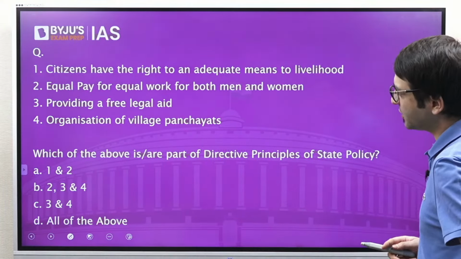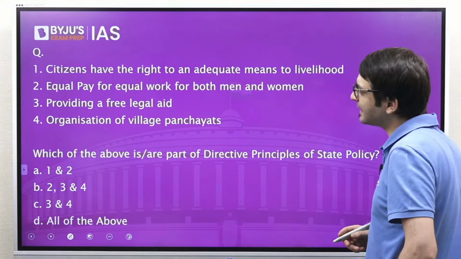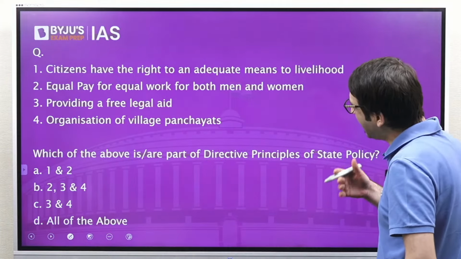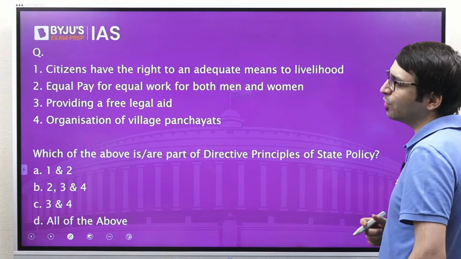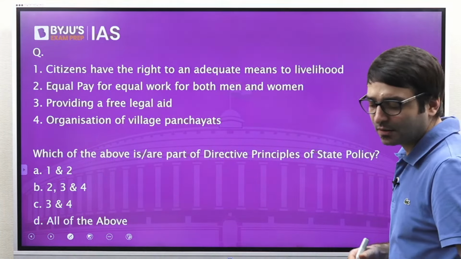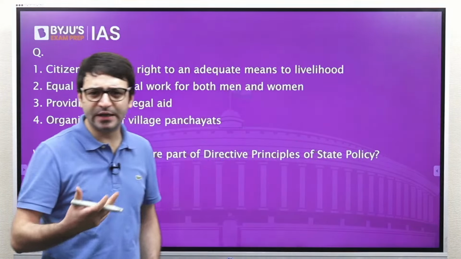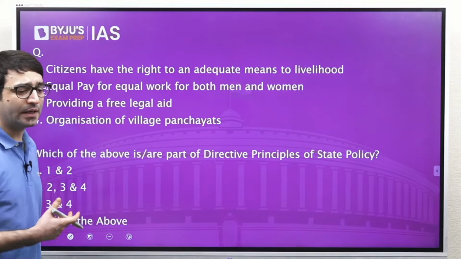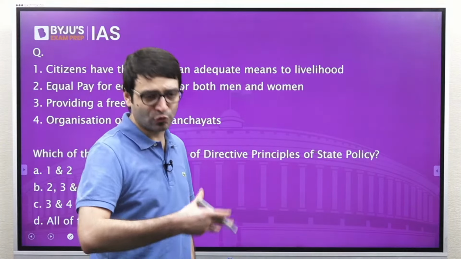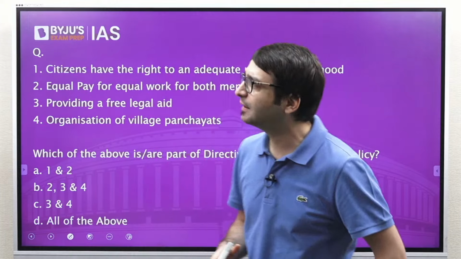Let's look at another question. Citizens have the right to an adequate means to livelihood. If you look at the unemployment rate, it's been picking up. Unemployment was an issue in various state elections as well.